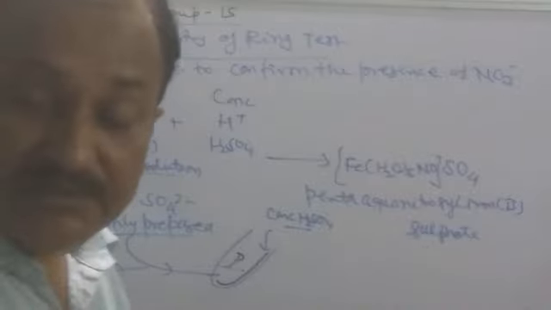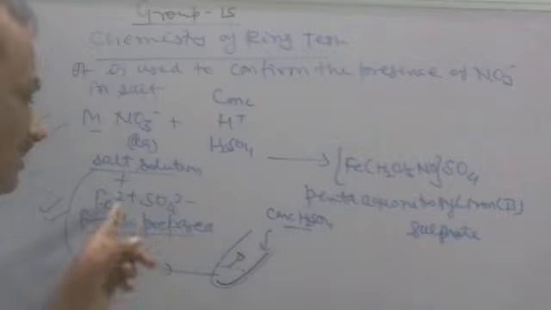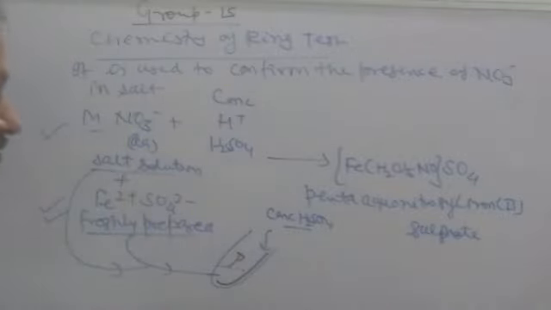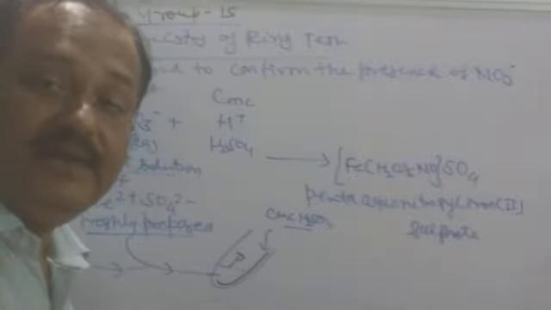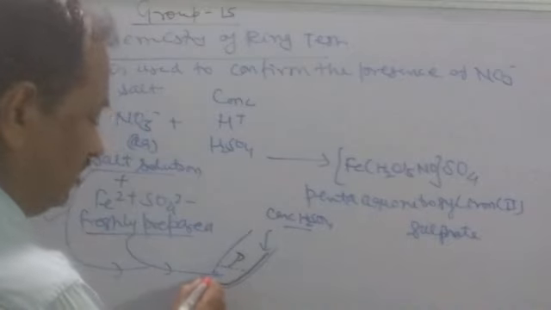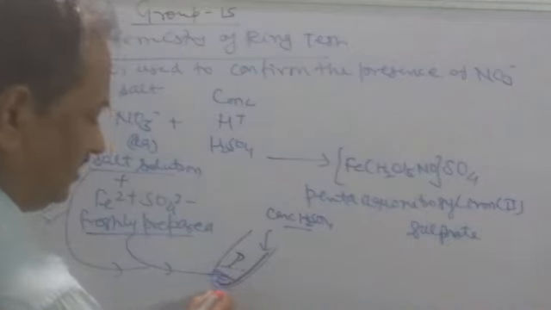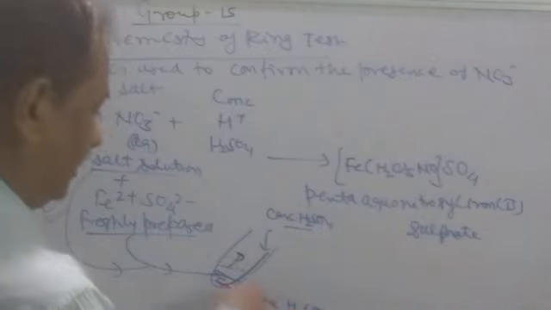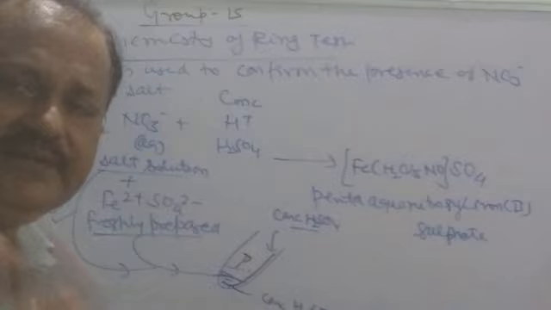There is formation of different layers. This is sulfate ion, ferrous ions, nitrate ions. The sulfuric acid is pure, we are taking it, and it is colorless. So initially there will be two layers. First layer is the concentrated H2SO4 layer, and upper will be this slightly yellow or light yellow colored solution.